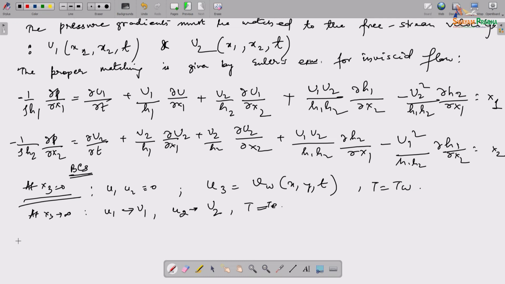Resultant wall shear direction may not be in the direction of the free stream.